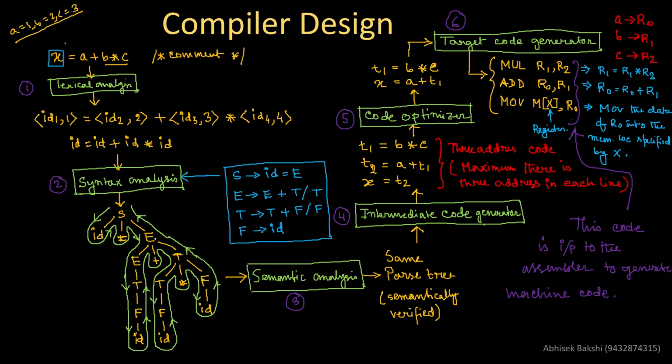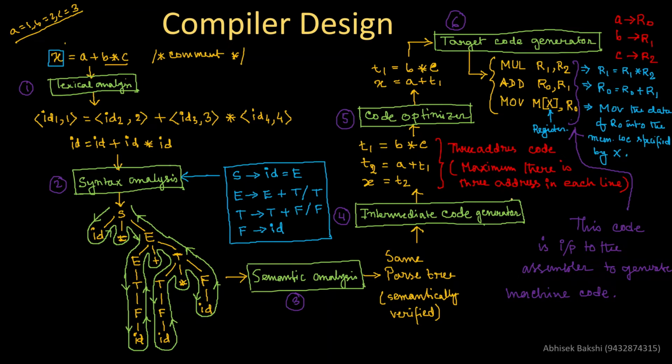For example, if you can recall, I told you that if there is a grammar A to say B plus C, what does this mean? That whatever value of B and whatever value of C will be added, right?